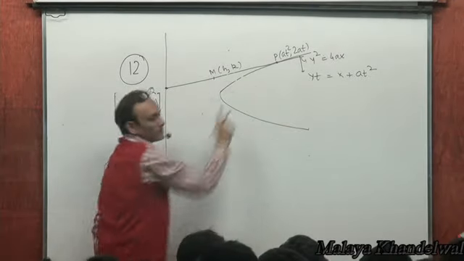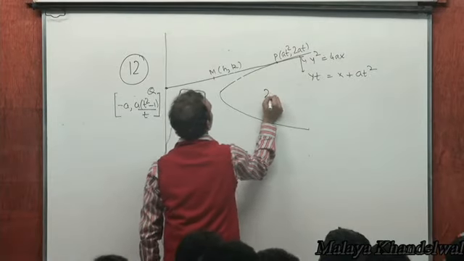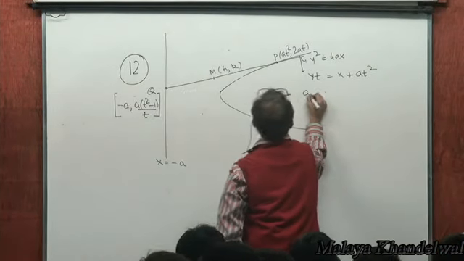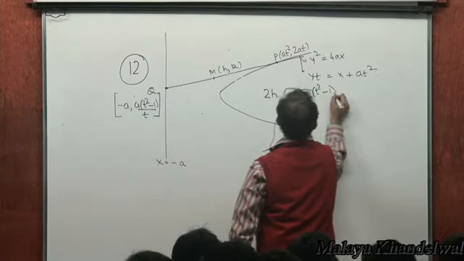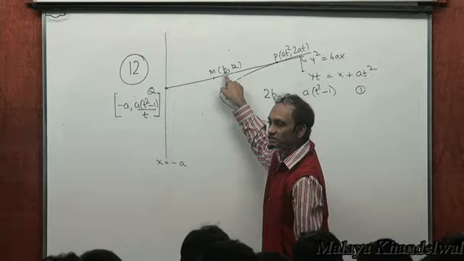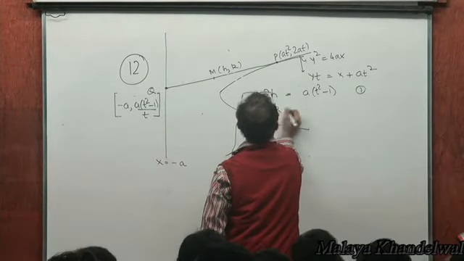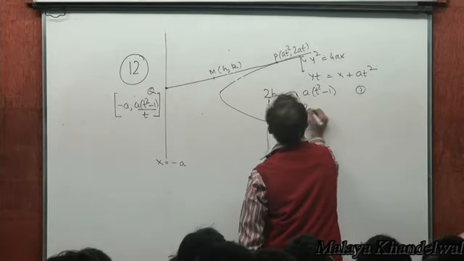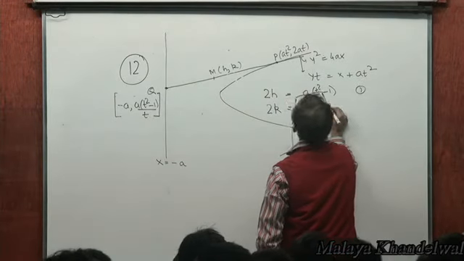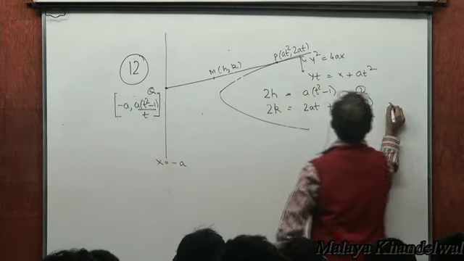M is the midpoint of PQ. So can I say 2h is a into t squared minus 1, right? X plus x by 2 is h. And similarly 2k is 2at plus a into t squared minus 1 by t.